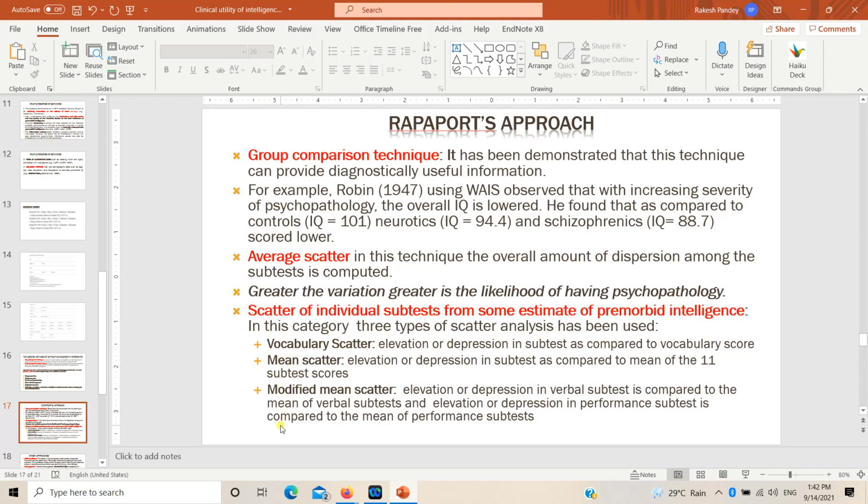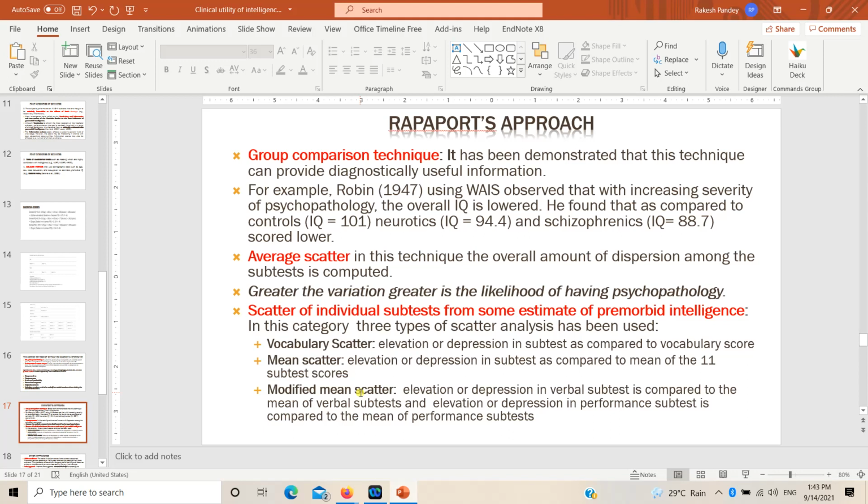If the IQ is lowered, we will interpret lowering of that cognitive intellectual function which the test is representing. If it is intellectual deficiency it will be lower globally, but if some tests show depression and some show elevation, it means there is a scatter.